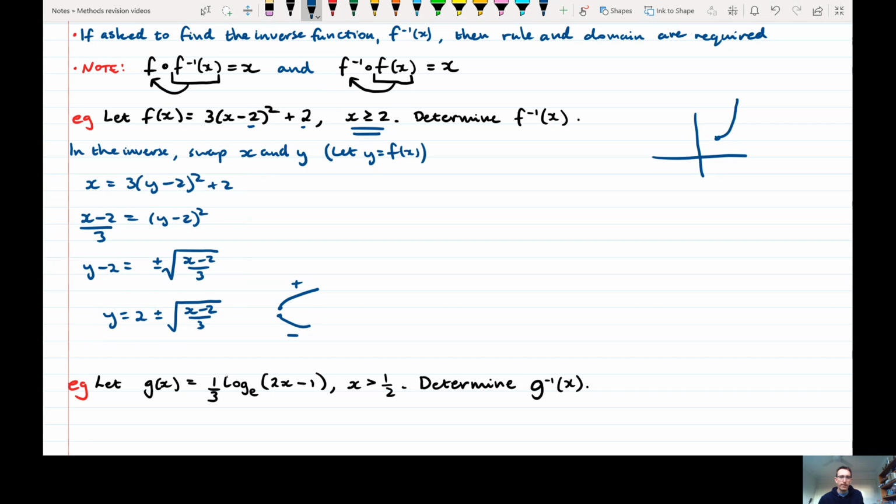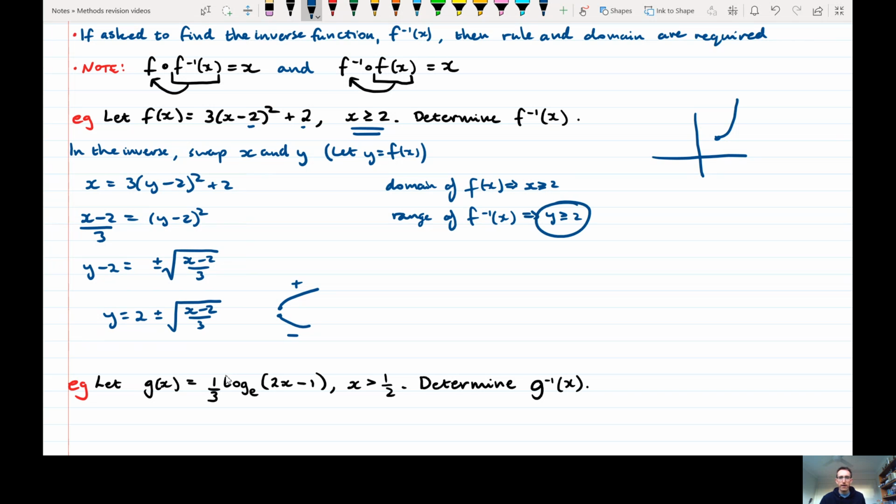So let's find out, plus or minus, which one we keep. To do that, we need to remember what we said about range and domain. So the domain of the original was x is bigger than or equal to 2, which means the range of the inverse is y is bigger than or equal to 2.